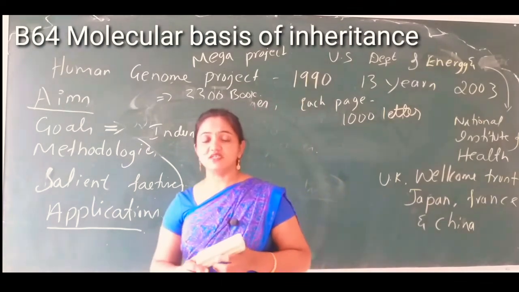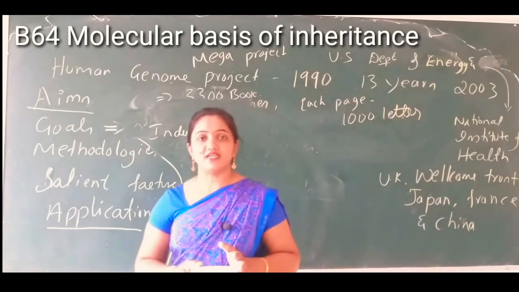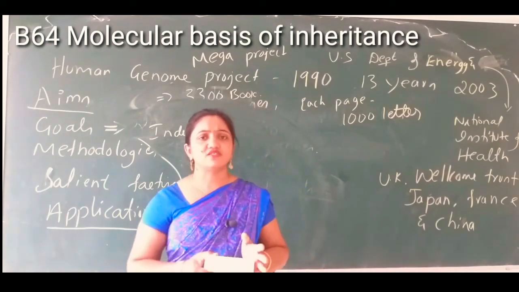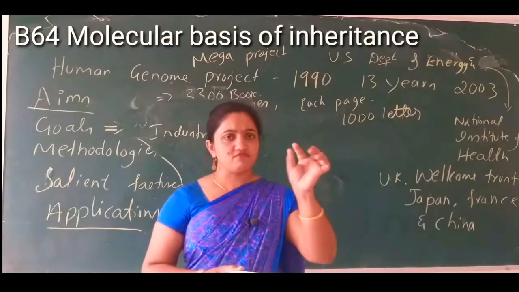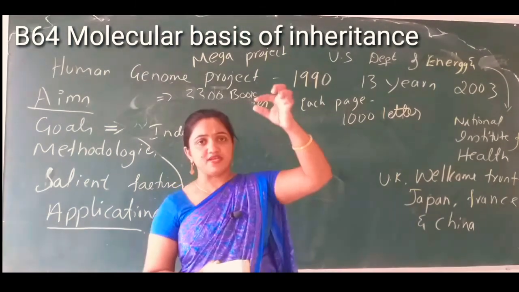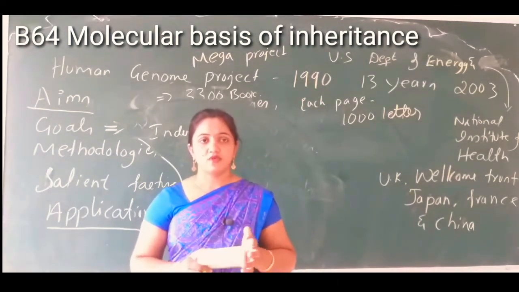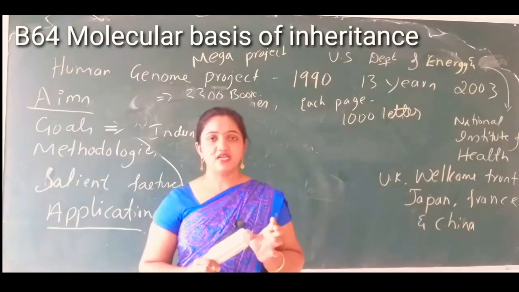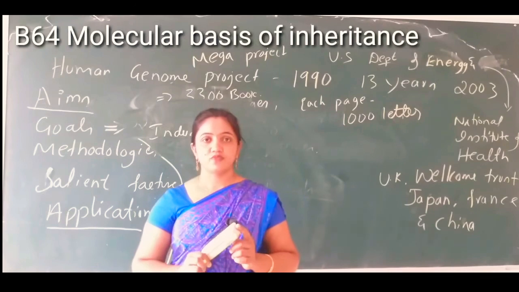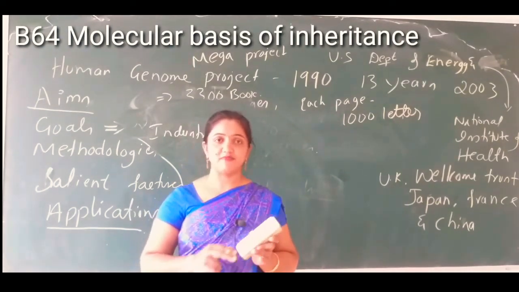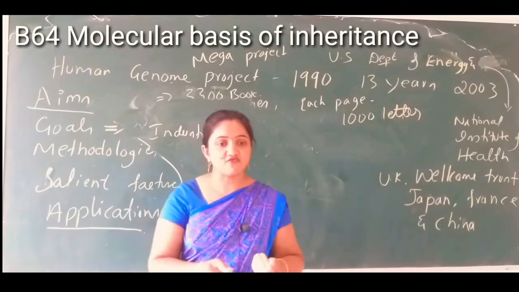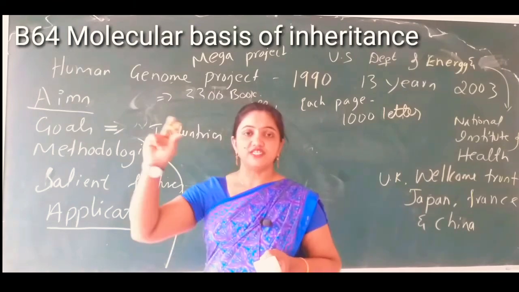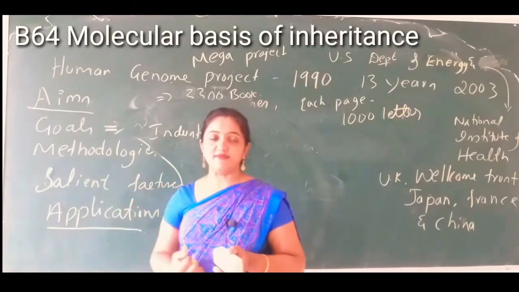One disease we learned in chapter number 5 is sickle cell anemia. In sickle cell anemia, you have studied how it occurs. Only one base pair gets replaced with another. Because of the change of that base pair, an additional amino acid gets bound to that sequence. Because of these changes, the mutation occurs, and that mutation leads to sickle cell anemia.